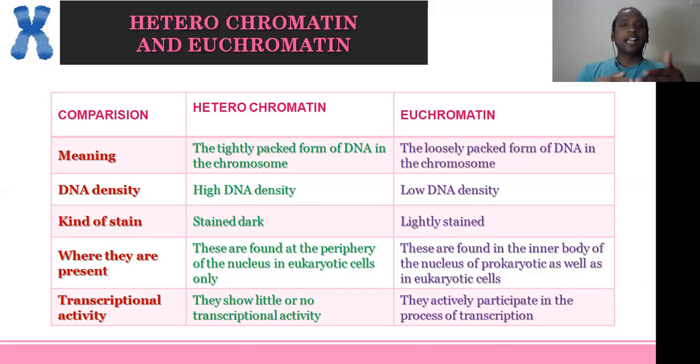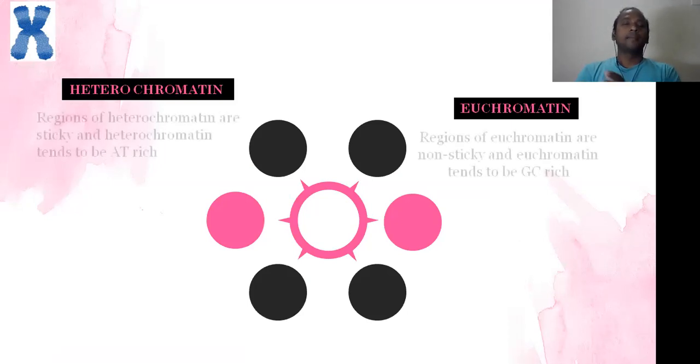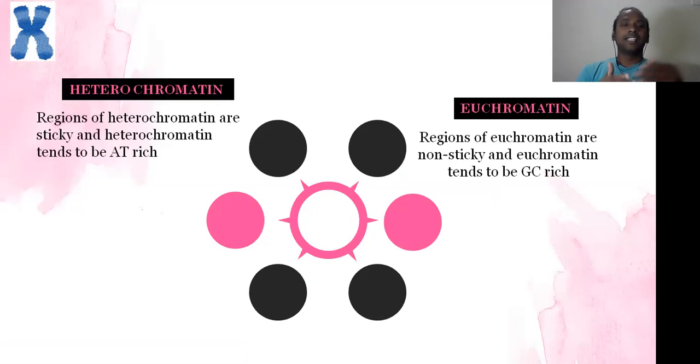And the transcriptional activity, as we are discussing, heterochromatin shows little or no transcriptional activity, whereas euchromatin actively participates in the process of transcription. And these are the basic differences. Not only this, there are some advanced differences between these two. You can see the regions of heterochromatin are sticky ends, whereas euchromatin has non-sticky ends.